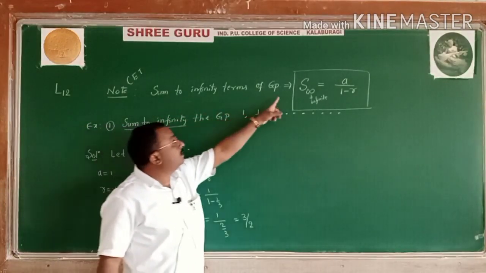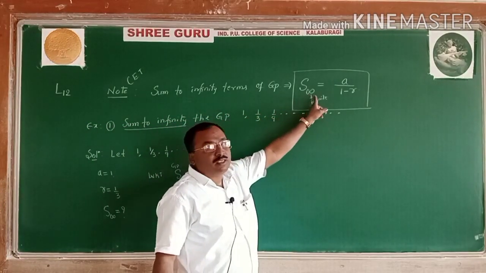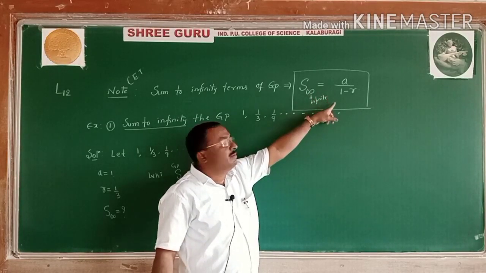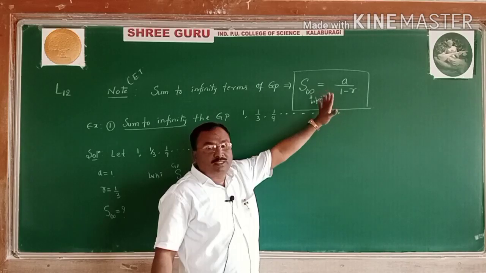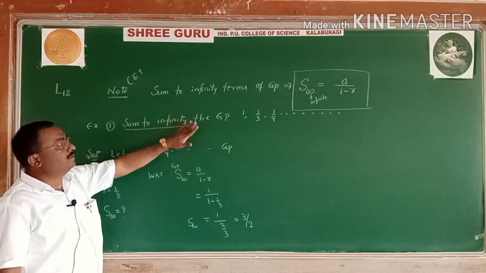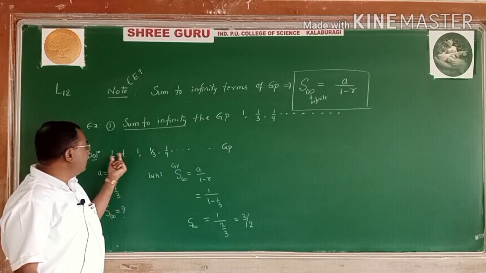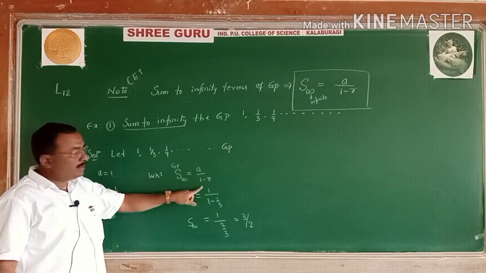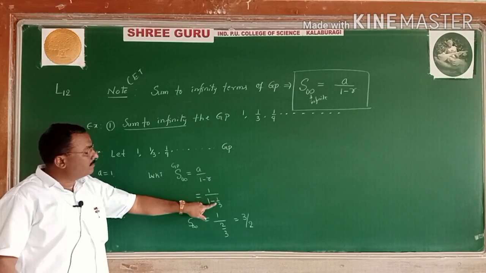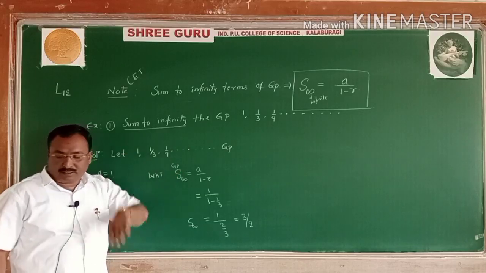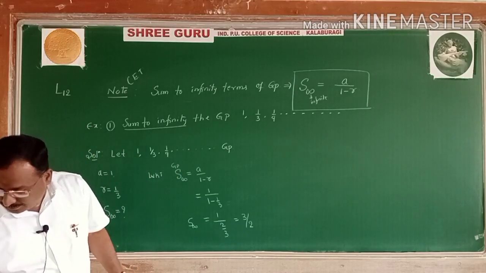The sum to infinite terms of a GP is S infinity, a divided by 1 minus r. Here a is 1 and r is 1 by 3, so 1 minus 1 by 3 is 2 by 3, and the answer is 3 by 2.